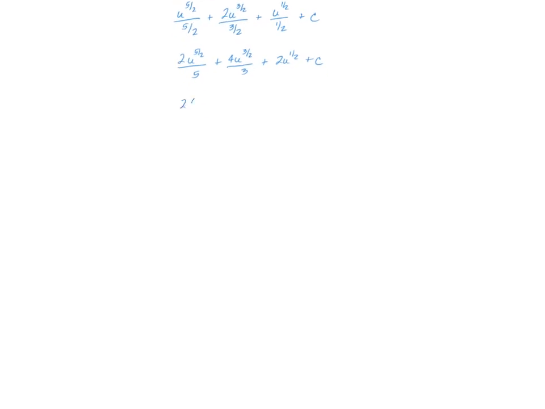We get 2(x minus 1) to the 5/2 over 5 plus 4(x minus 1) to the 3/2 over 3 plus 2(x minus 1) to the 1/2, again plus that constant c.